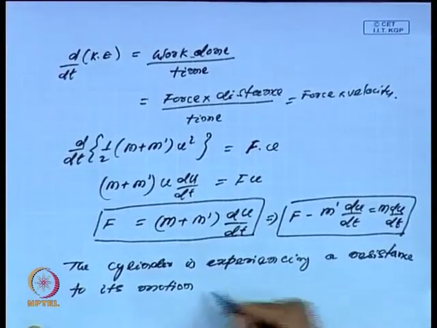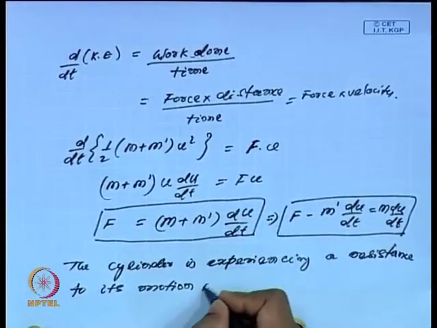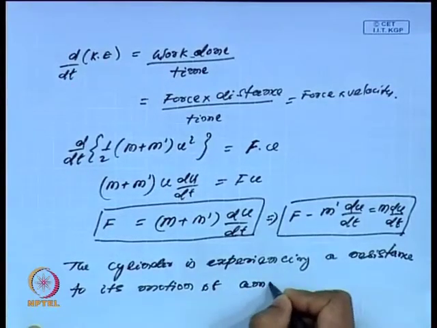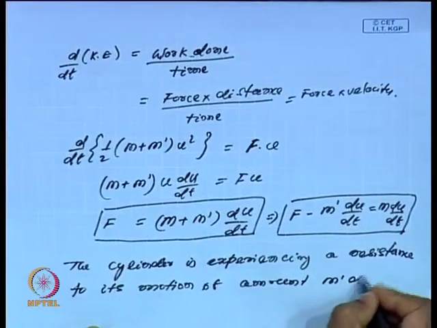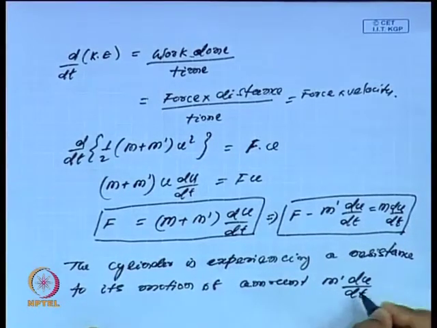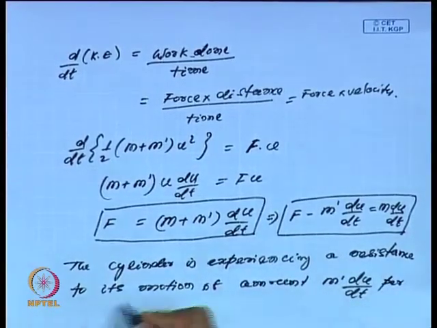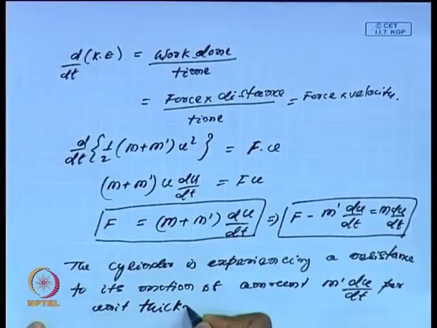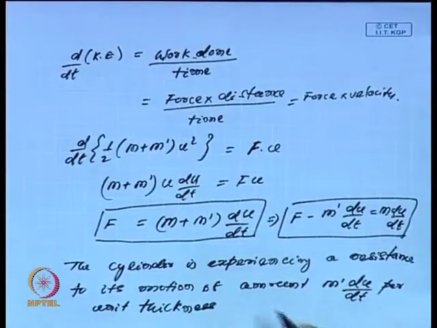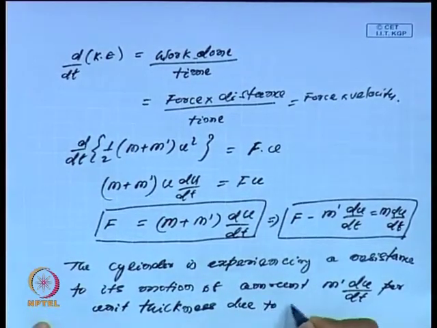And what is the amount of the resistance? The amount is m prime du by dt per unit thickness.